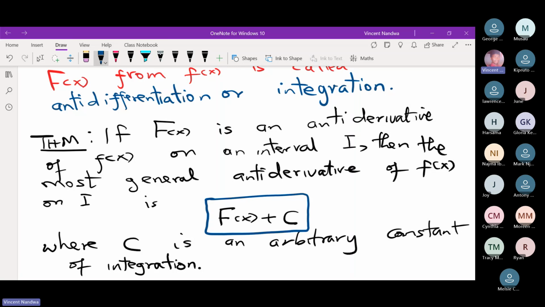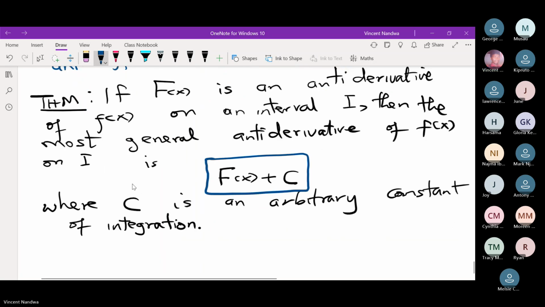There are two main classes of integrals. We have what we call the definite integral and the indefinite integral.